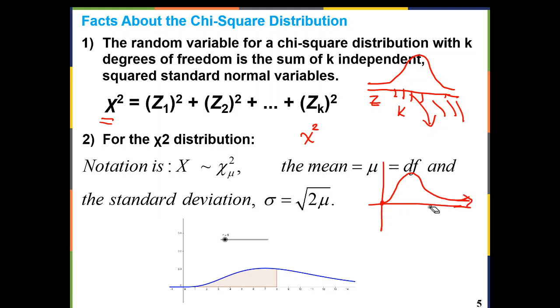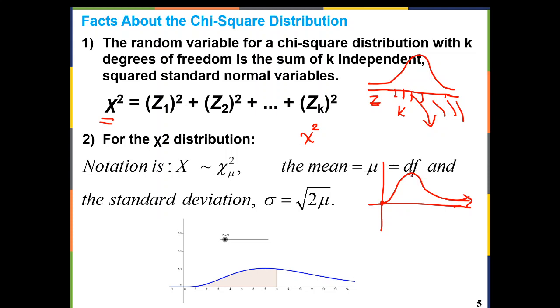Okay. Now the mu of this distribution, the average of it, is the same as the degrees of freedom, which is similar to what we talked about with the T distribution, right? The T distribution had degrees of freedom. So degrees of freedom is the same as mu.